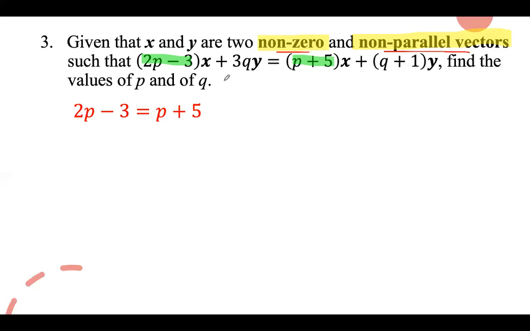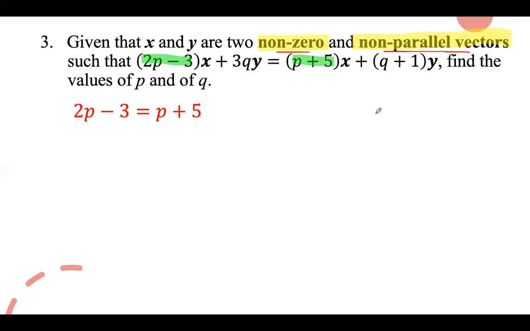So remember HA equals KB; for this case it is HX equals KY. So just remember, if both sides have x, that means the coefficients of x are equal to each other for non-parallel vectors.